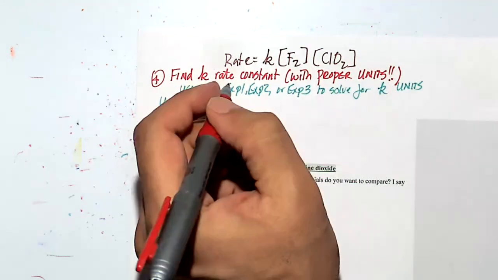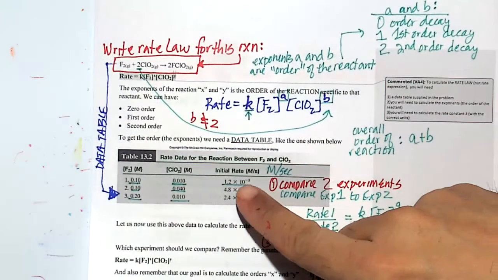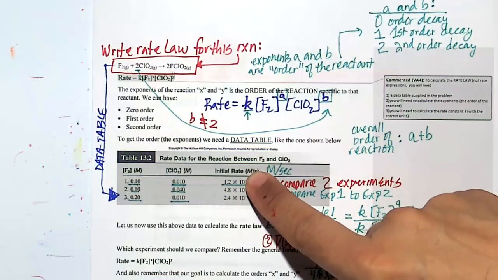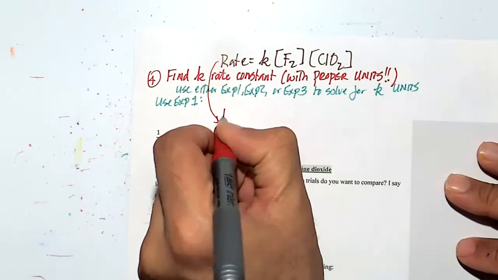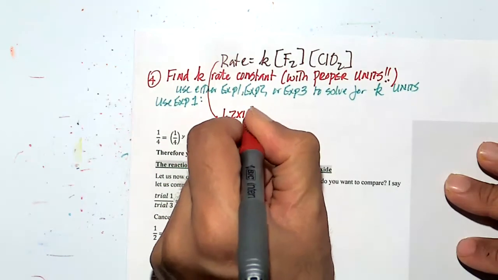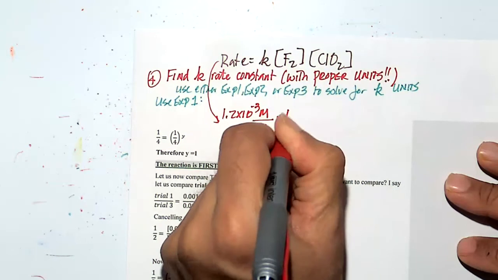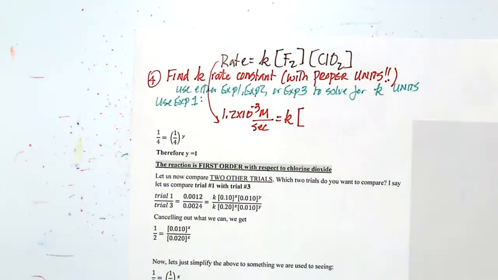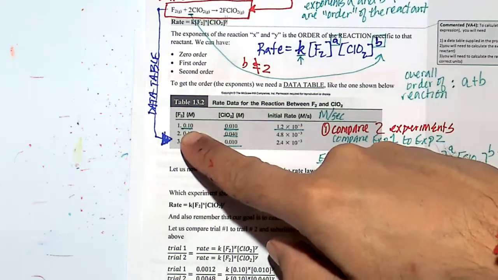All right, so rate. Connor, I'll just pick on you. What's the rate for experiment 1? 1.2 times 10 to the minus 3 M over s. Equals K. What's the concentration of F2 for experiment 1? 0.10 raised to the power of 1.